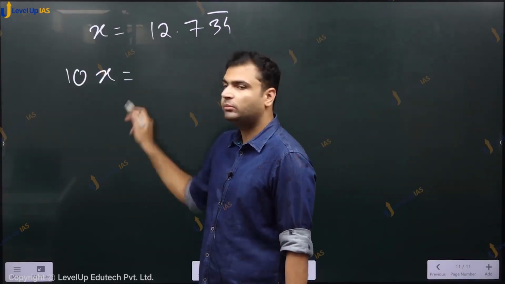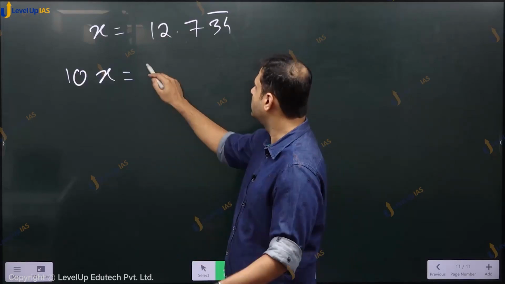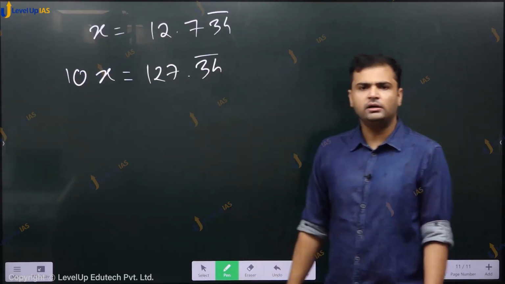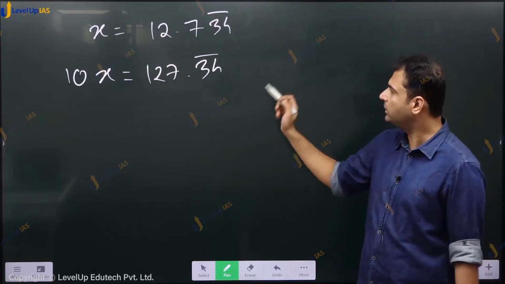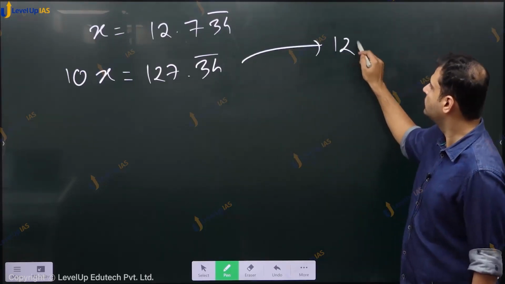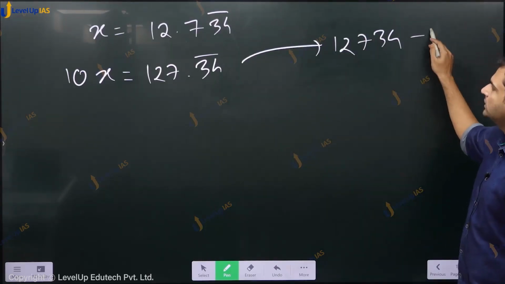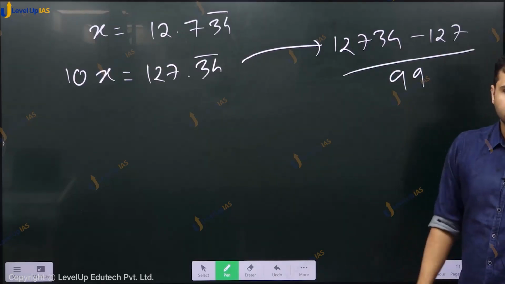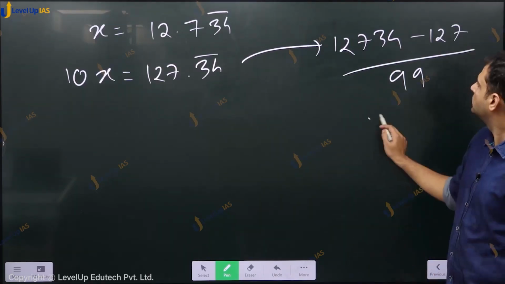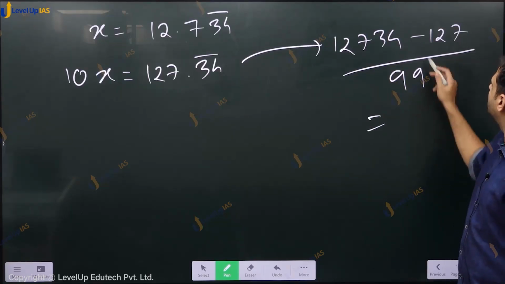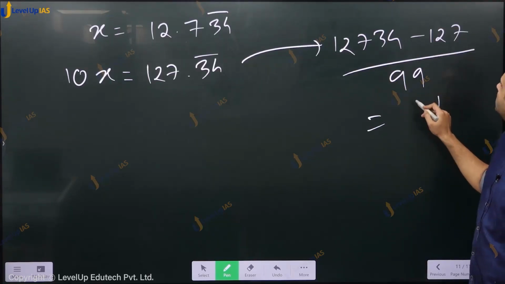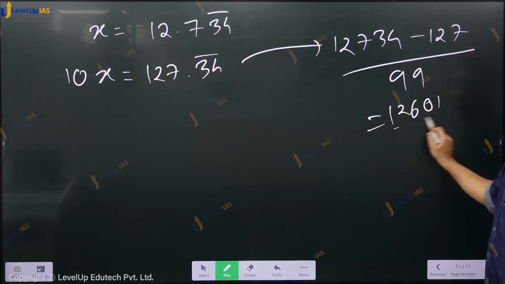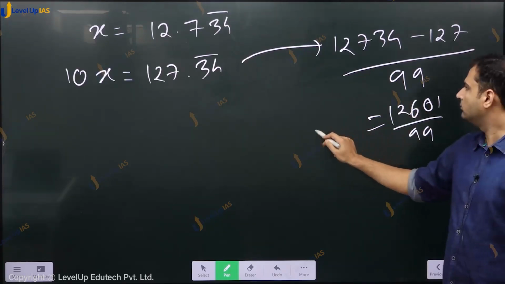Let us first multiply by 10 to get the number to our comfort level. You have 34 bar, and here we can apply the working rule. 12734 minus 127 divided by 99. This will be 12607 divided by 99, it is 10x.